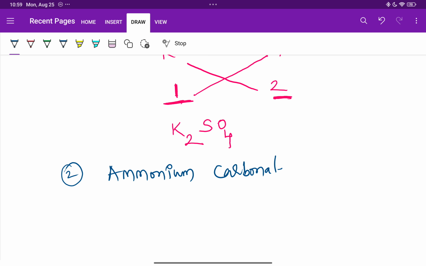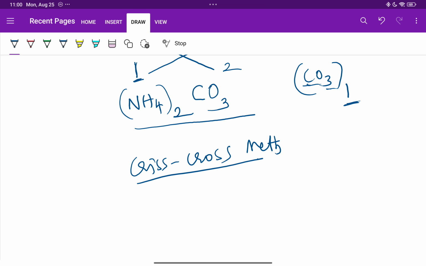So this is the method to write the chemical formula of a compound by using the criss-cross method, because you are interchanging the charges of ions.